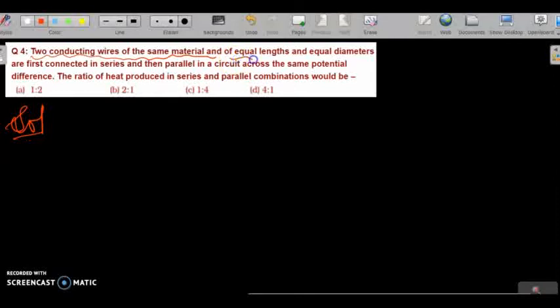The material is same, the lengths are same, the diameters implying the areas are same, and they are connected first in series and then in parallel, in a circuit across the same potential difference. So when material, length and areas are same, the resistance will be same. So there are two connecting wires of same resistance, connected in series one time, and in parallel the other time.